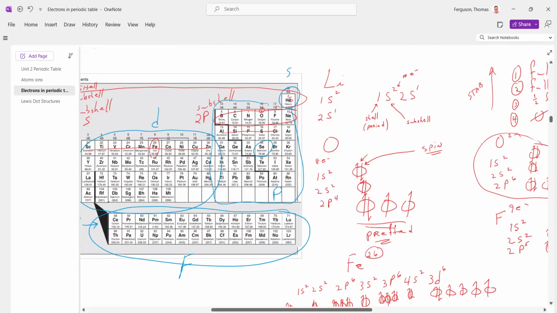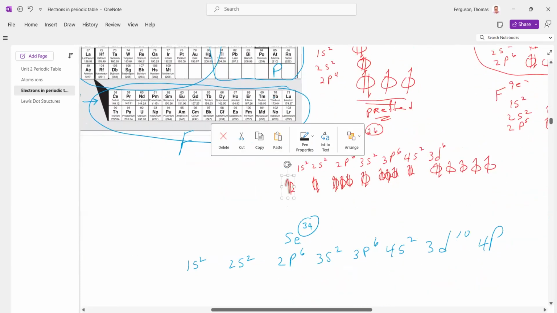And then selenium is 1, 2, 3, 4. So that'd be selenium.